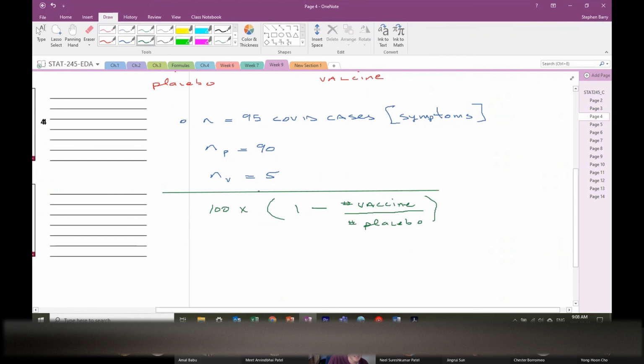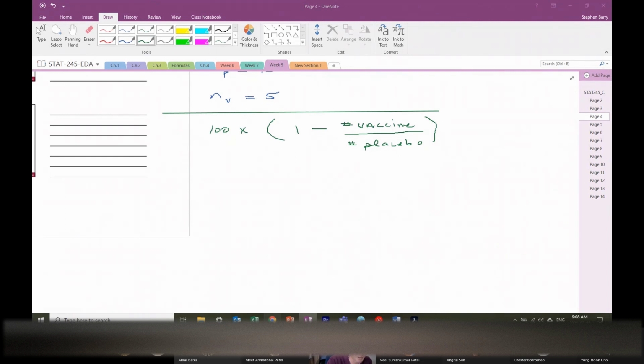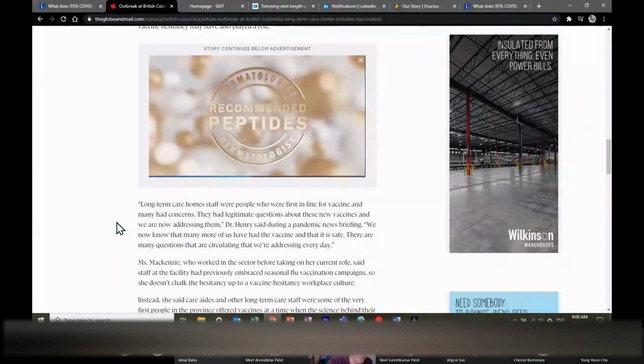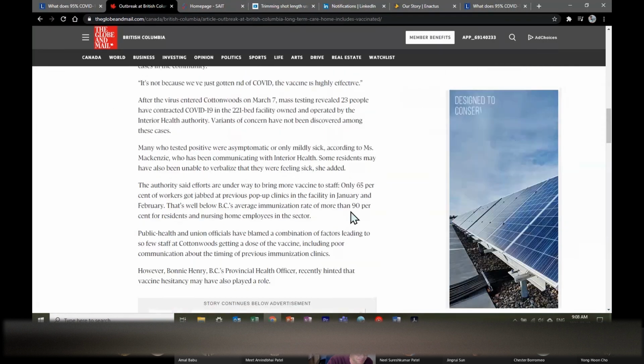It doesn't prevent it, though. There's another article that I was looking at about an outbreak in British Columbia. I think that's kind of what led me to this to begin with: there's an outbreak at a long-term care facility.